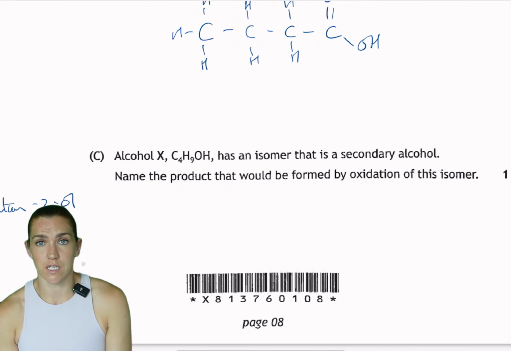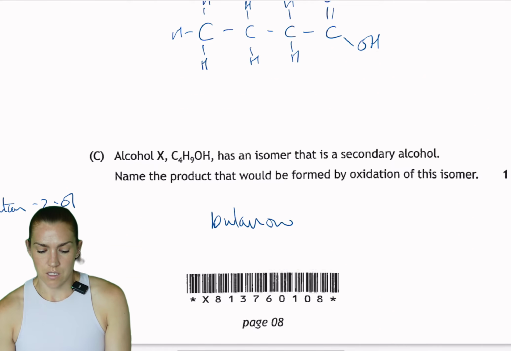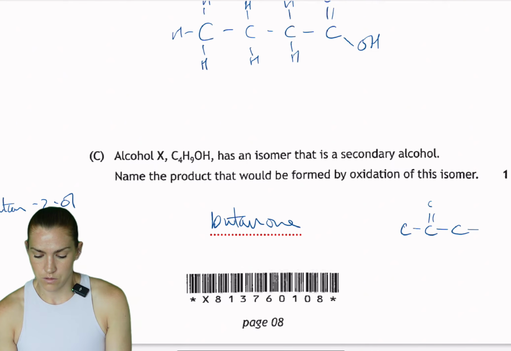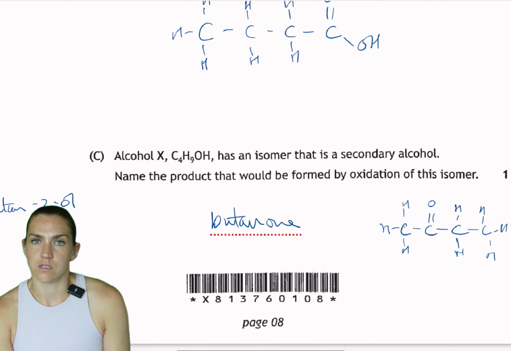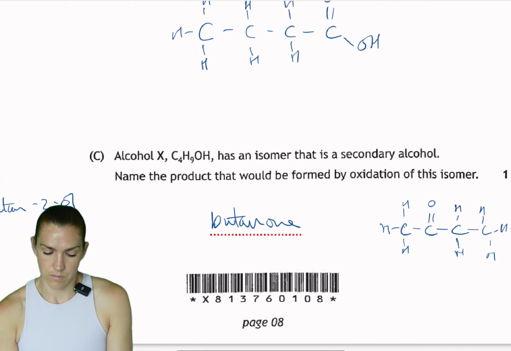So if you've got a ketone with 4 carbons, then you would be making butanone. You don't need the number for where the carbonyl group is in the ketone because it can only be on carbon 2 if you've got 4 carbons. But if you call it butan-2-one, it's not the end of the world. But anything above 4 carbons for the ketones, you would need the number for where the carbonyl group's located.